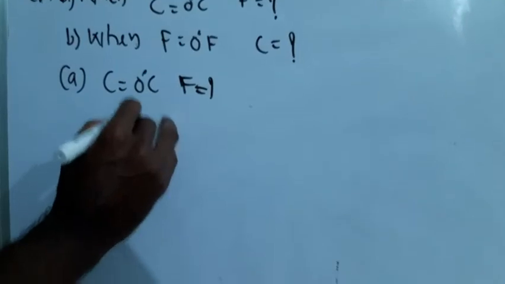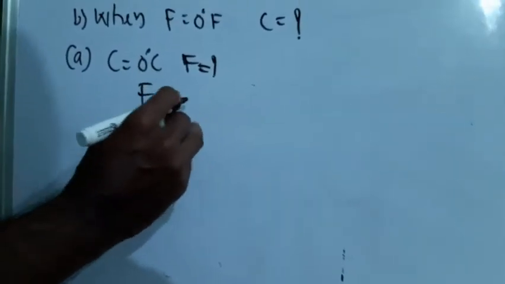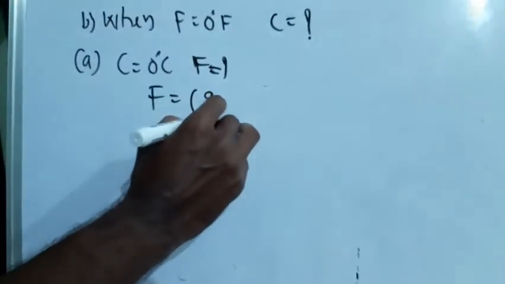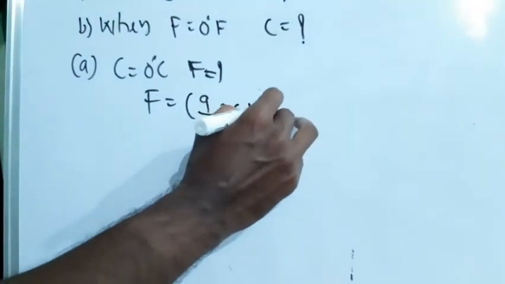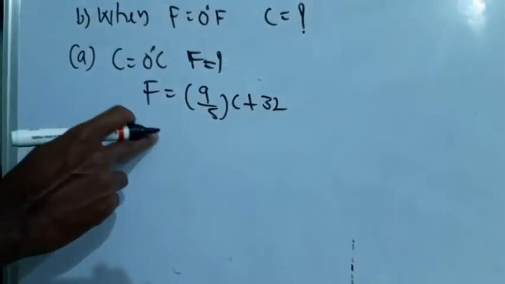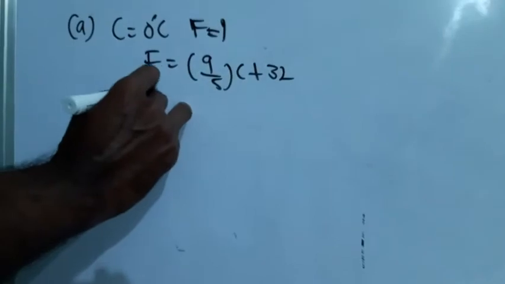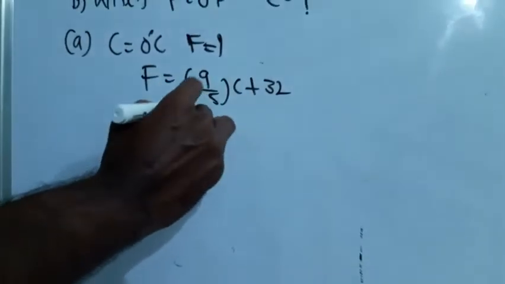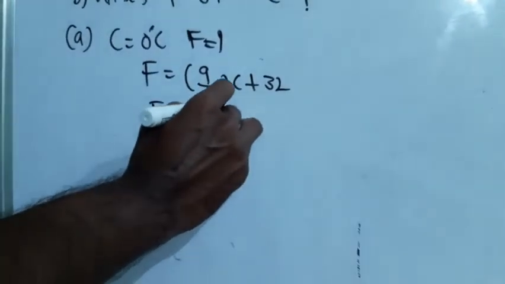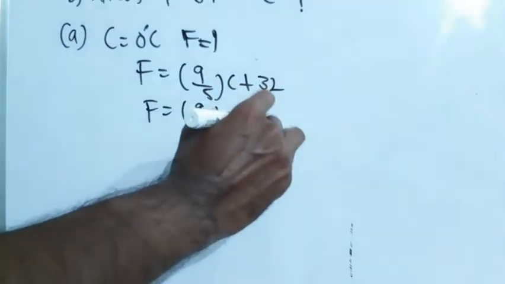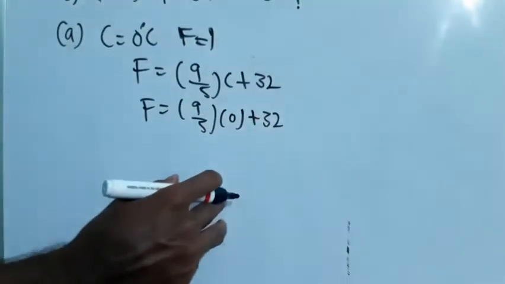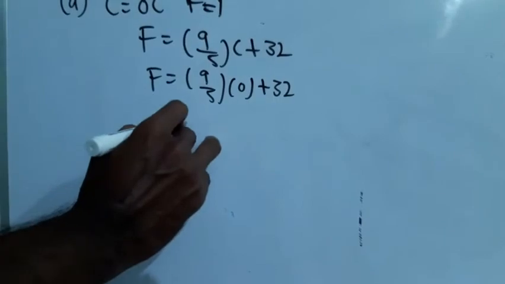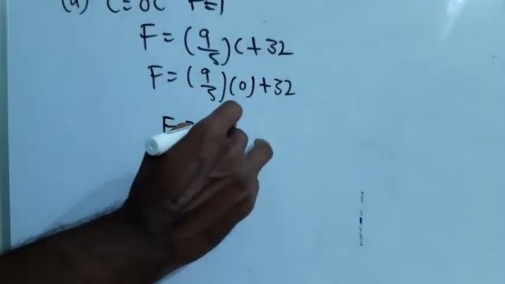What is the equation? F is equal to 9 by 5 into C plus 32. F we need to calculate, and C is 0: 9 by 5 into 0 plus 32. So F is equal to 32 degree Fahrenheit.